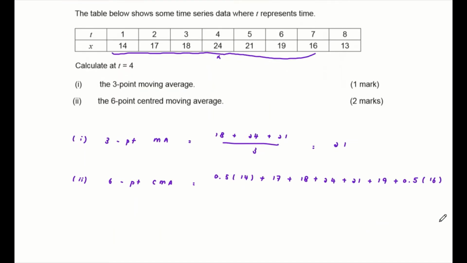Remember you have the first one and the last one halved, so adding up you only have 6 points here. So divide by 6. From here you should be able to get 19. That should be your final answer.